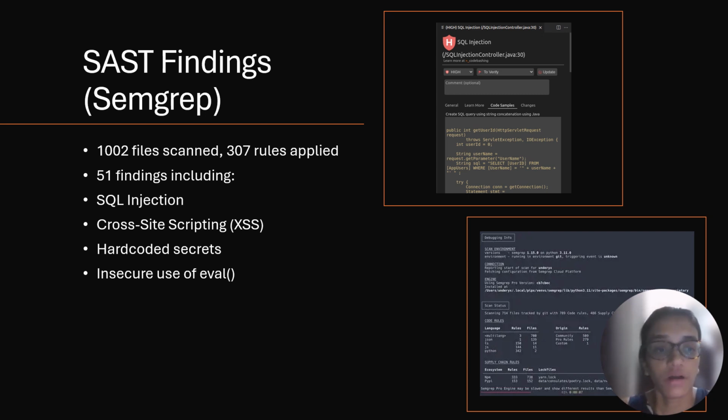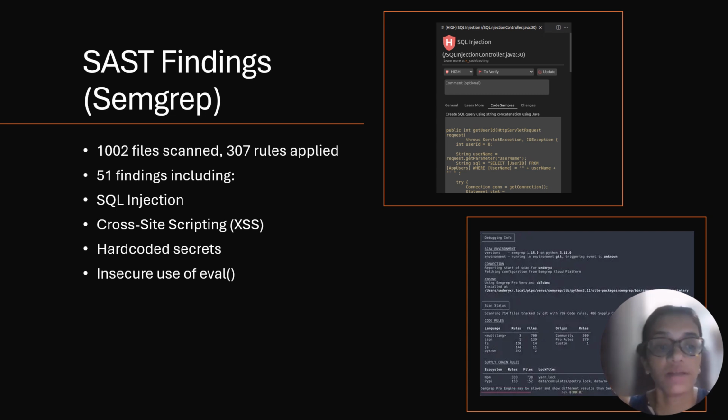Here, Semgrep scanned over 1,000 files with 307 rules and reported around 51 findings. The key vulnerabilities included SQL injections, cross-site scripting, hard-coded secrets, and insecure use of eval functions.